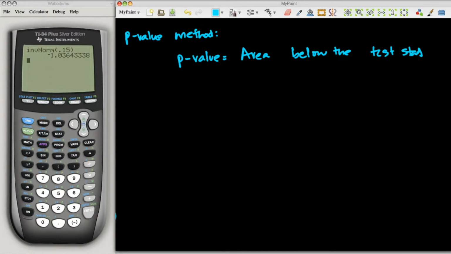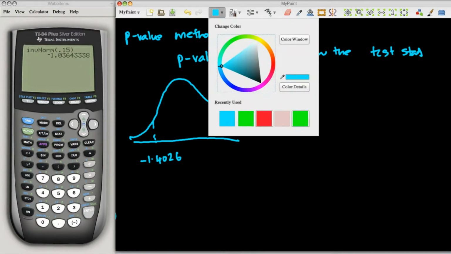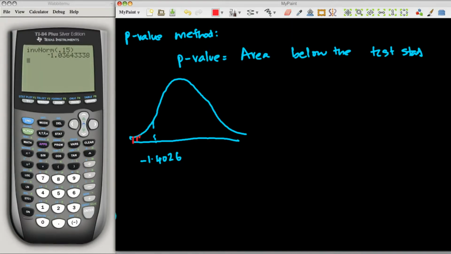So in this problem, the test statistic has a normal distribution, and the test statistic is negative 1.4026, and we would like to find the area below negative 1.4026, and that number is the p-value. We find that area using normal CDF, which gives us a probability.